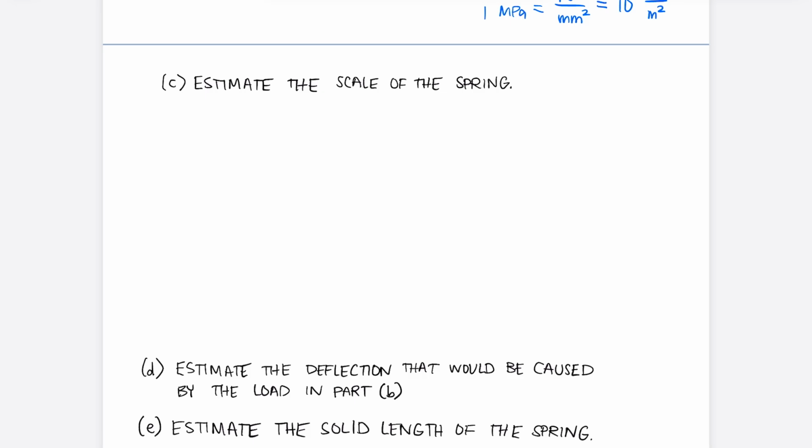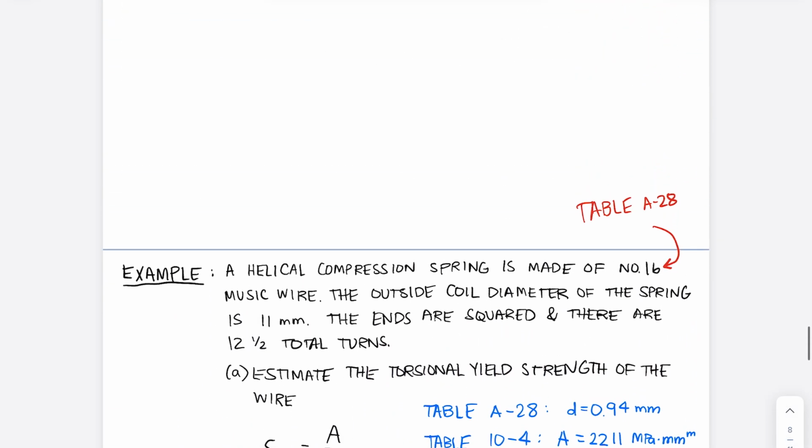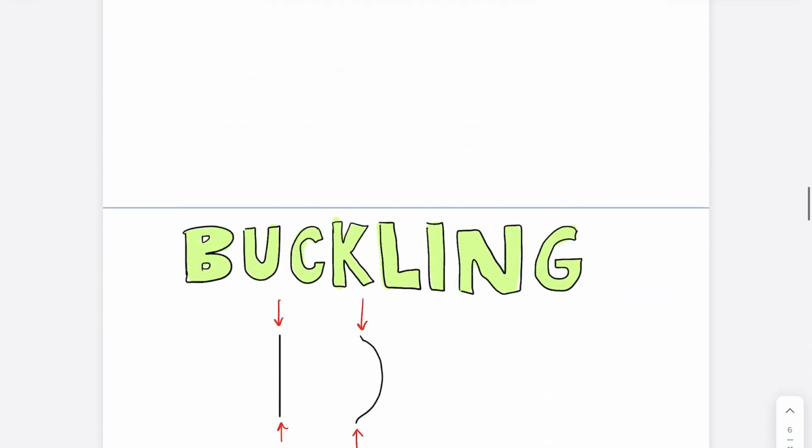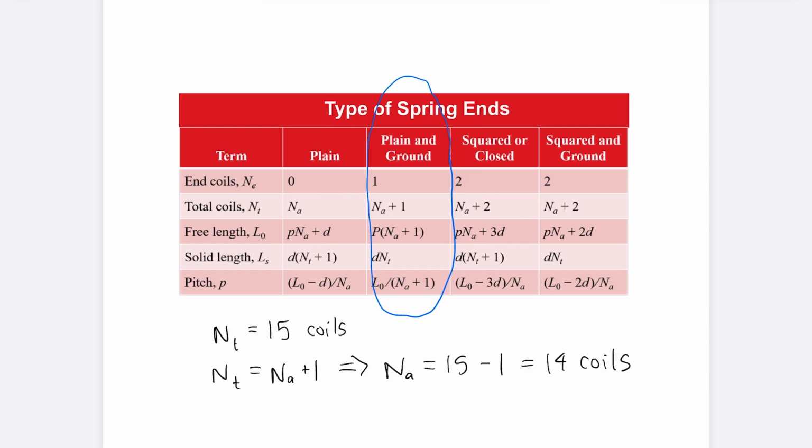So for this problem, we're going to need to use table 10-1 to find the number of active coils. I know that my number of total coils was 12.5. Let's go up to that table and see how to use it.